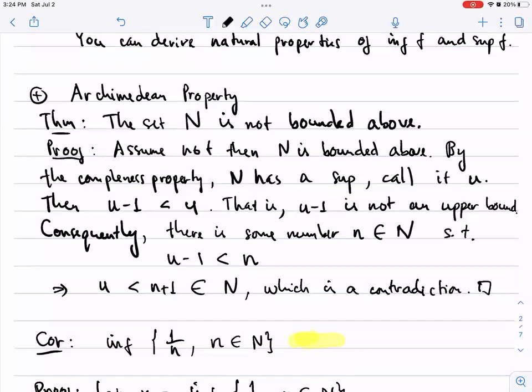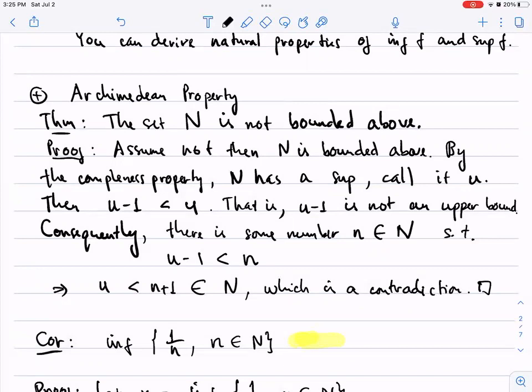Remember, the set of natural numbers is defined as the summation of several copies of the element 1. We add two copies of element 1 together and obtain element 2, and so on. And at each step you add another copy of 1 to obtain another natural number. That's why in this case, n plus 1 must be a natural number.